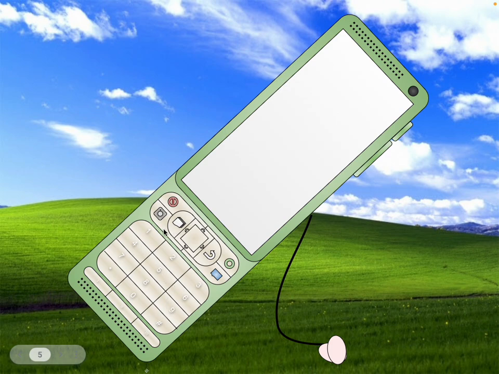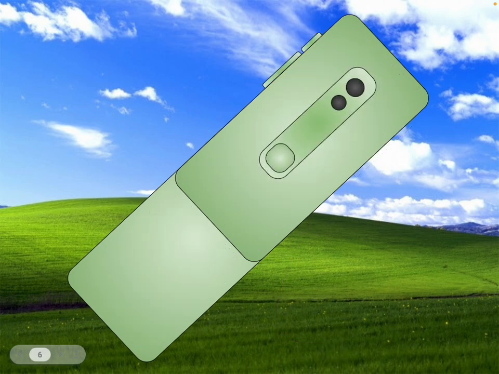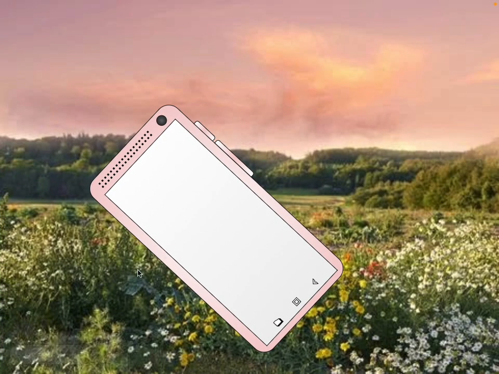The number pad is more scrunched. I would still imagine that the number pad is a trackpad, because that would be a really, really small trackpad. So that's what this looks like. Then that's the back. And then this is the next one.